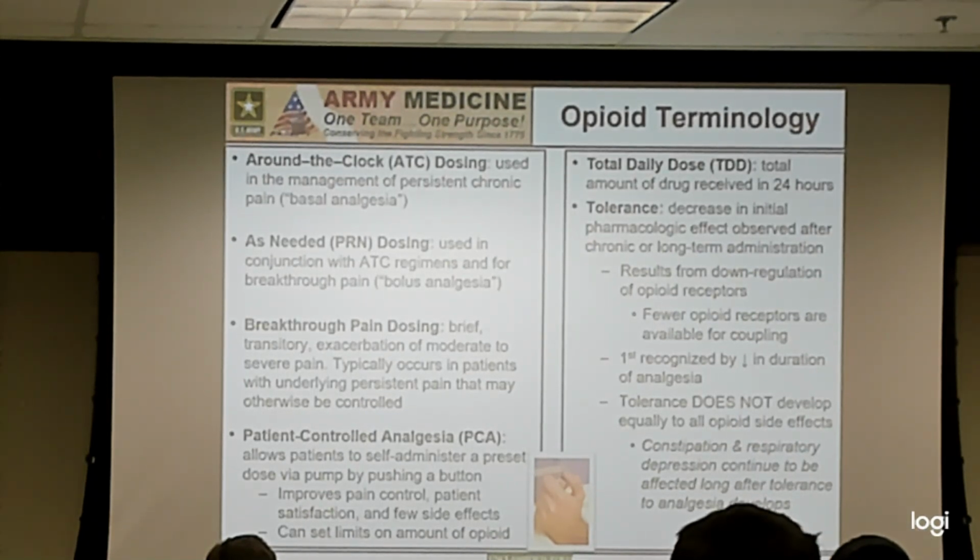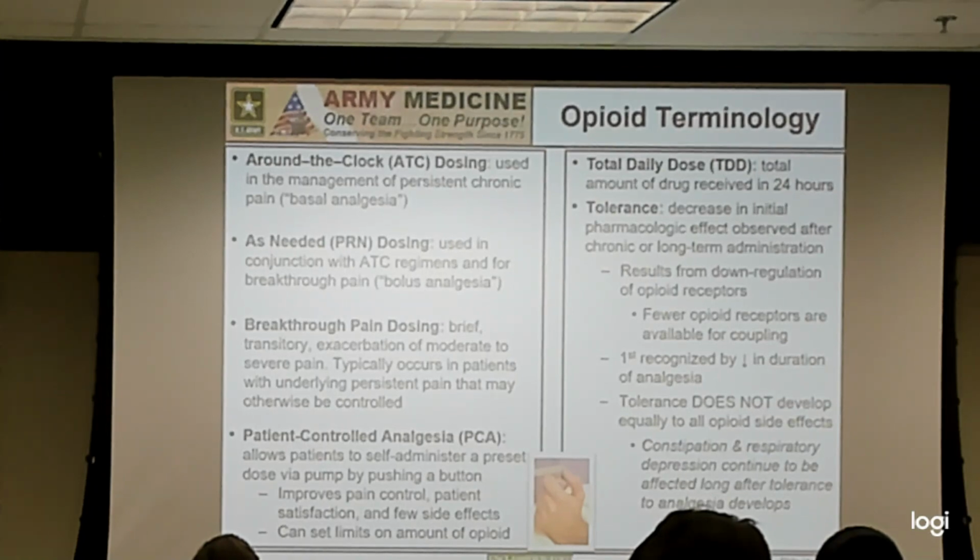And the way that you notice that this is happening is eventually the duration of pain relief that the patient is having will start to decrease, and you'll see that they're taking it more often. So if you're initially starting the patient on a pain medication and they're trying to take it a lot, that probably means that they're not controlled, not necessarily that they are tolerant.